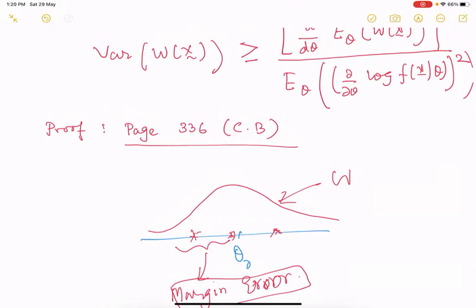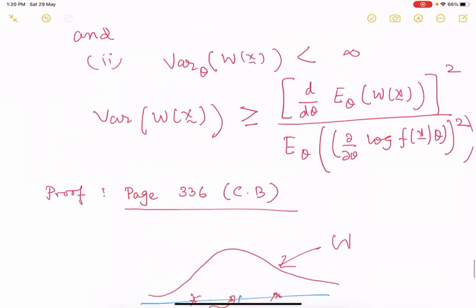We can do a lot of things and it can be reduced to an extent, but it can be reduced only up to this level, not more than that. So there is a lower bound on the margin of error, and we have to live with that degree of margin of error, which we cannot reduce indiscriminately.